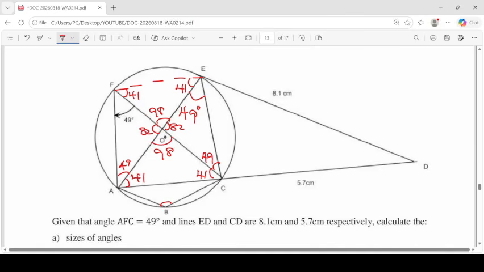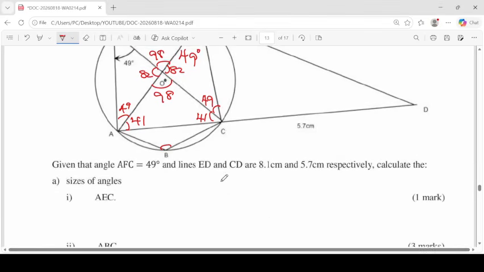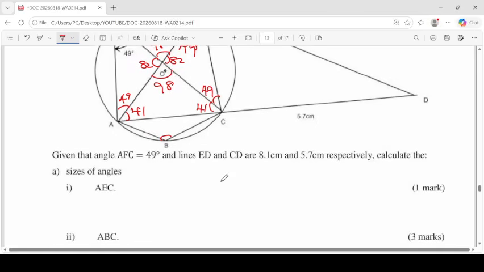So I'm still trying to figure it out. So the moment we have this, what are we supposed to do? In this case, when they say this angle, we are going to say that this is 49 degrees.